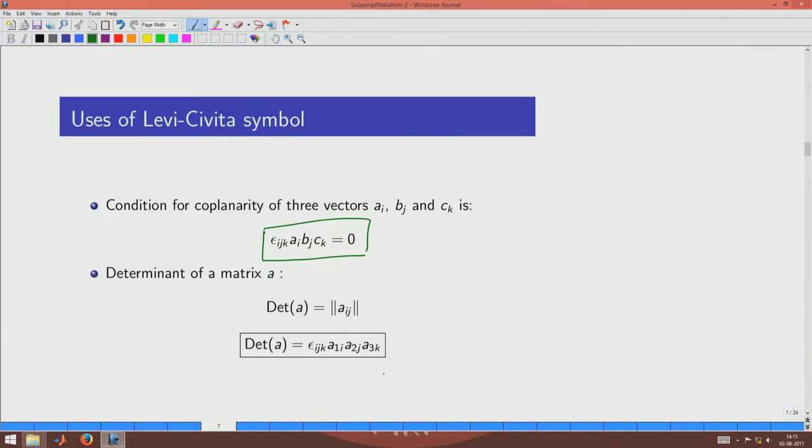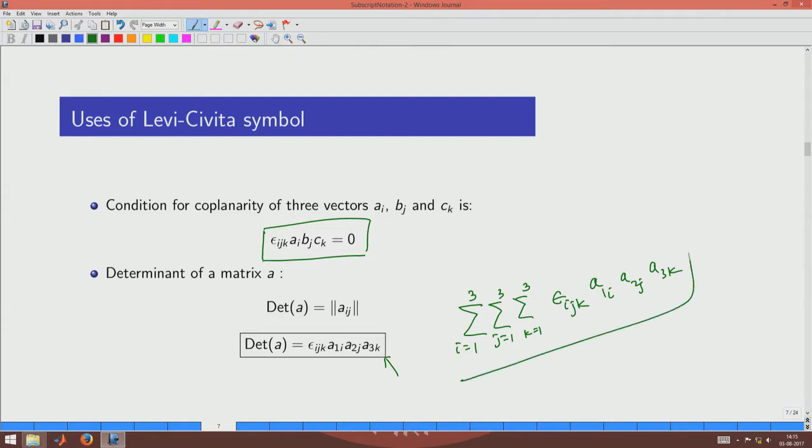Another interesting quantity that we came across earlier is this quantity. Okay. So, when you expand it, you basically have 27 terms, because this is nothing but the sum over i equal to 1, 2, 3, j equal to 1, 2, 3, k equal to 1, 2, 3, and then epsilon i j k, a 1 i, a 2 j, a 3 k.